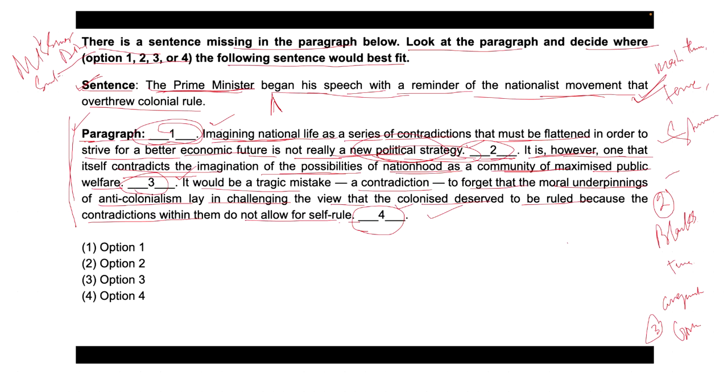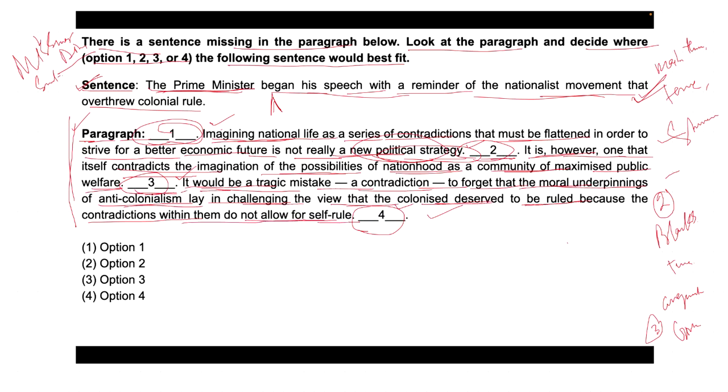Blank three, after that it is stated, it would be a tragic mistake or contradiction to forget that the moral underpinnings of anti-colonialism lay in challenging the view that the colonized deserved to be ruled because the contradiction within them do not allow for self rule, right?